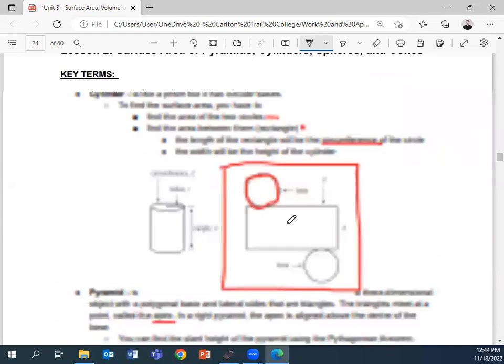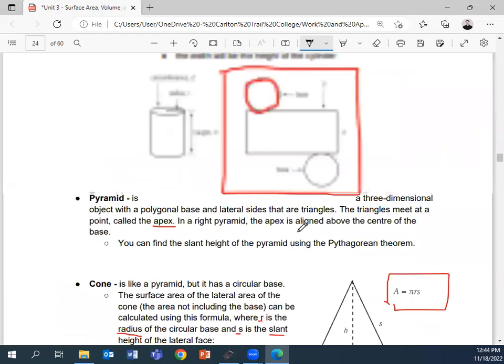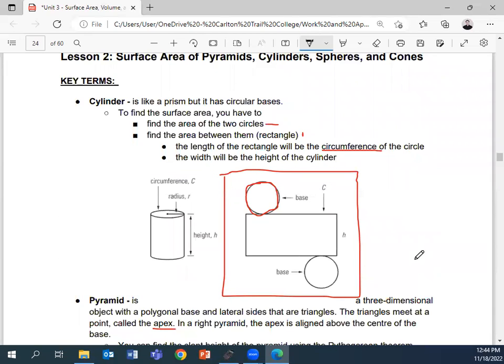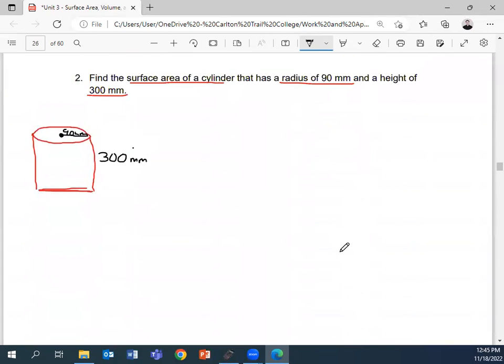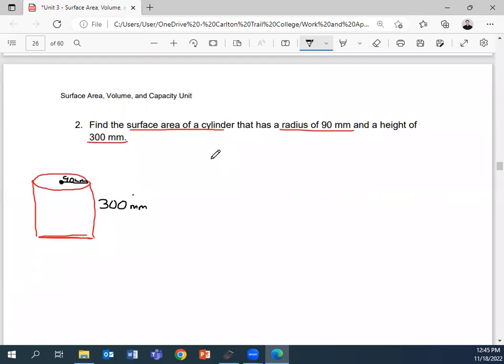Okay, so what is my formula to find a cylinder? Trick question. There isn't one. Cylinder is just two circles and a rectangle, right? Yeah.